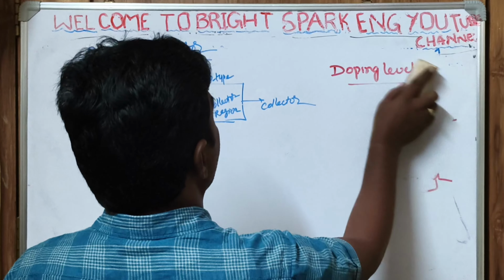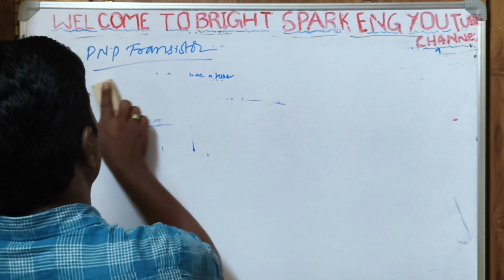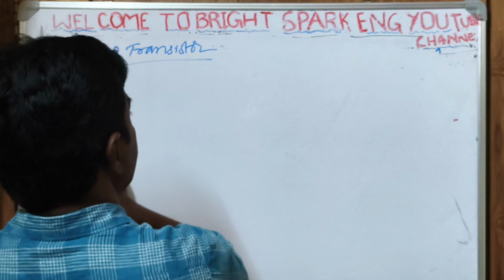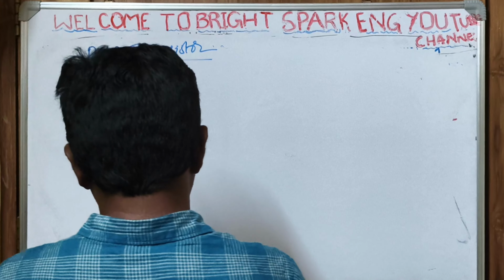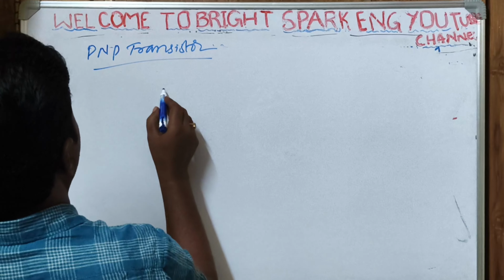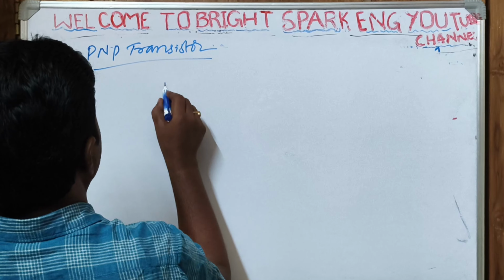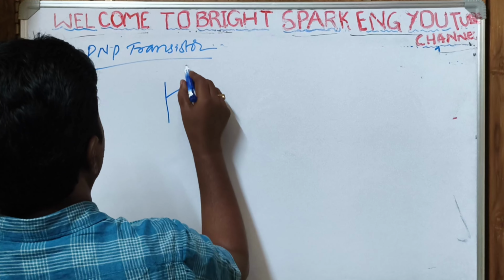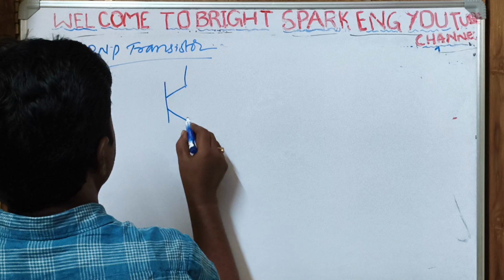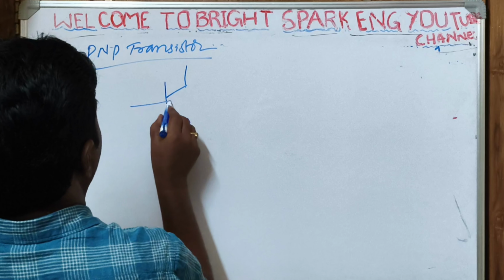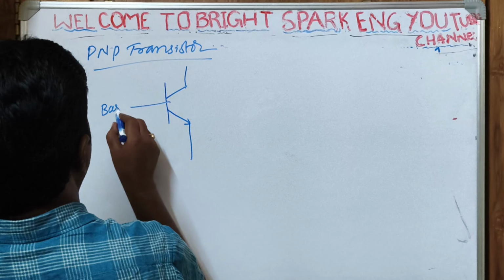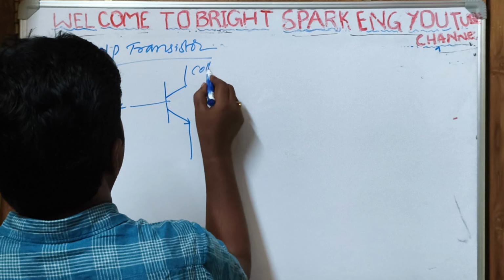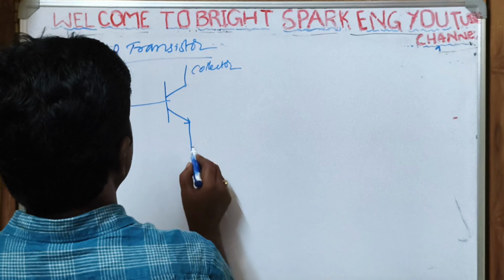Next, NPN transistor, PNP transistor symbol. This is base, this is collector, this is emitter.